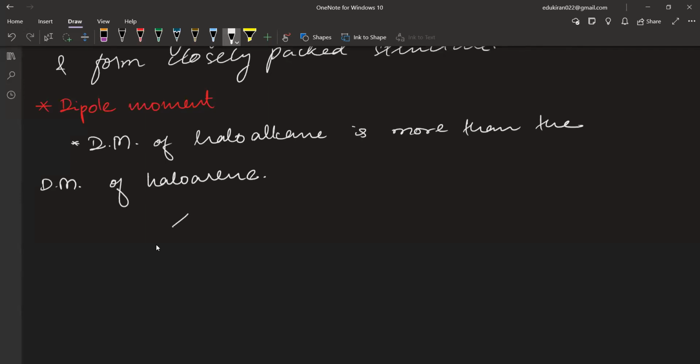Let us take a similar structure. Haloarene is a benzene that is connected with a halogen atom like this, right? And for haloalkane, let us take cyclohexyl chloride or cyclohexyl halide.